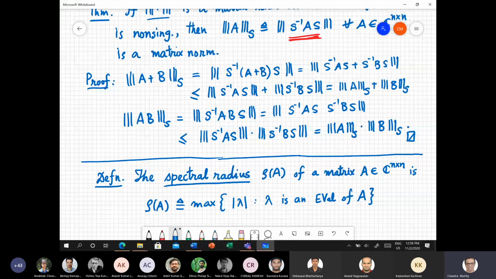Given a matrix A, you find all the eigenvalues of the matrix, and then you ask which eigenvalue has the largest magnitude, and that value is called the spectral radius of the matrix A.